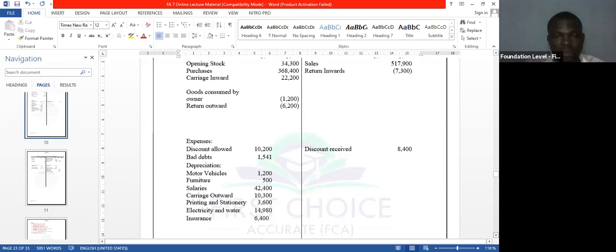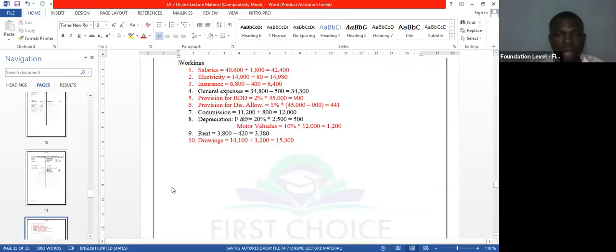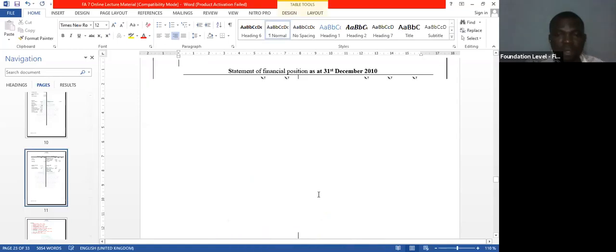The figure here is 4,300. So let's put that 4,300. And here we have 100 to be general expenses prepaid.